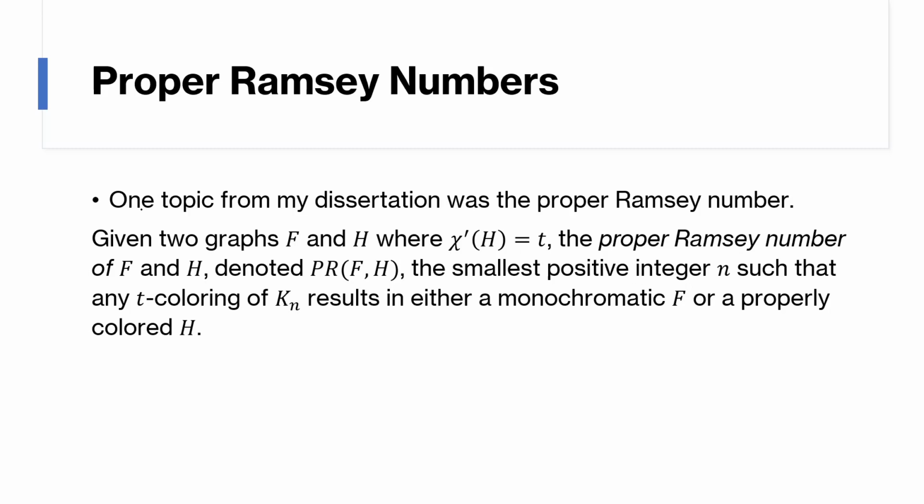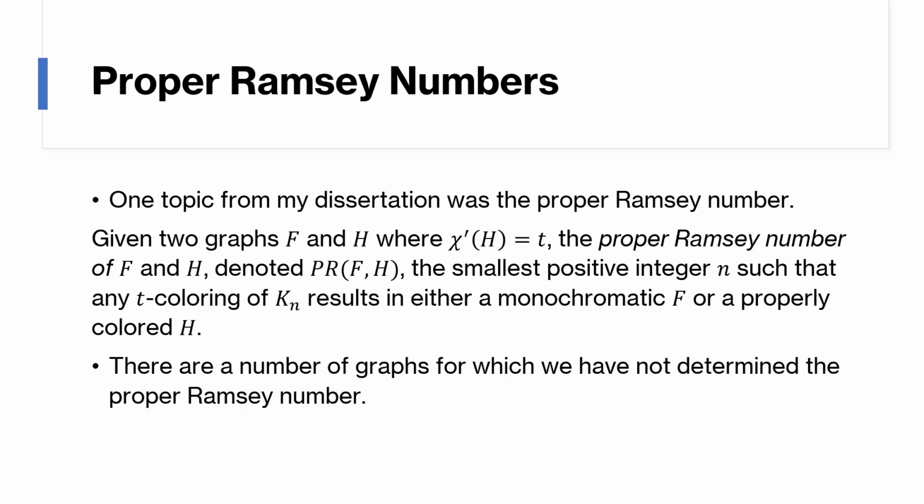Then the proper Ramsey number of F and H, denoted PR(F,H), is the smallest positive integer n, such that any t-coloring, so using the same number of colors required to give a proper coloring, of K_n results in either a monochromatic, so all edges the same color, F, or a properly colored H. So I looked at this for a few classes of graphs. We got a few, but there's a lot of classes of graphs that we did not look at and that you could.